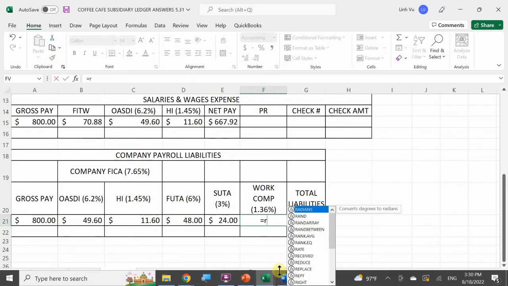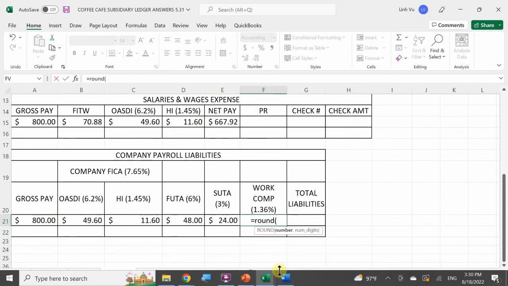Okay. So in this case, how much workers' compensation is the company subject to have to pay for Irene being an employee? $10.88. $10.88.